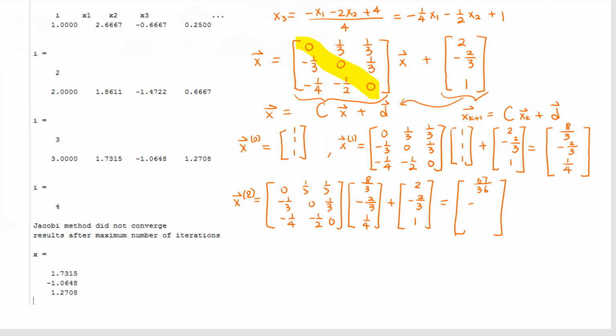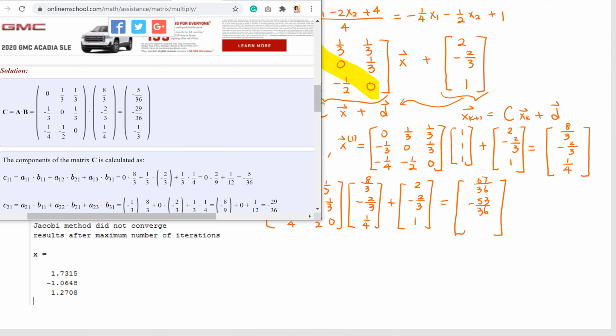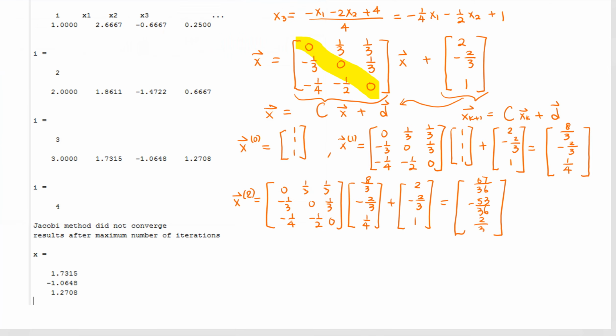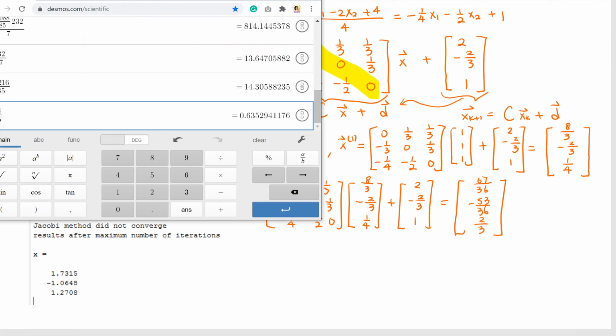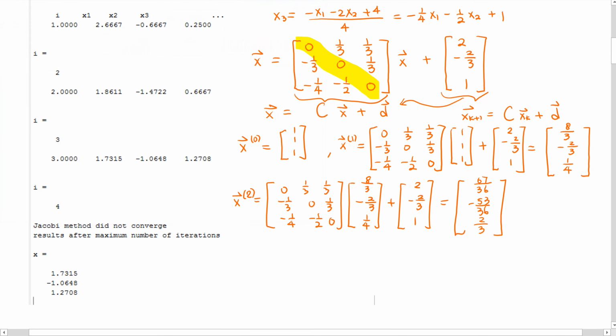So minus 53/36. Okay. So if you have your graphing calculator, you don't need to do what I'm doing. So here, minus 1/3 plus 1, that's 2/3. This one is easier. I could also use a scientific calculator to add those numbers, but I really don't want to press a lot of buttons, so I'm just doing it in my head.